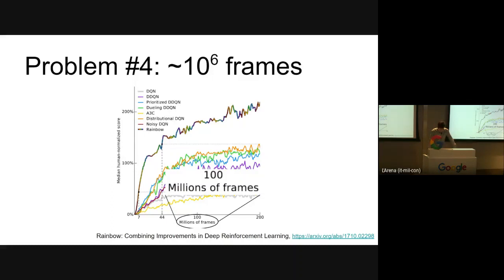As a consequence, the number of situations that an agent must see is really huge. So that's why this slide is called 1 million frames. Usually it's a typical scale required for your agent.